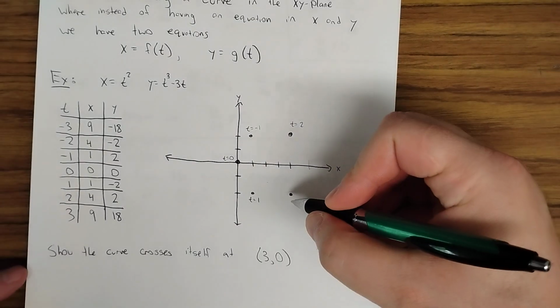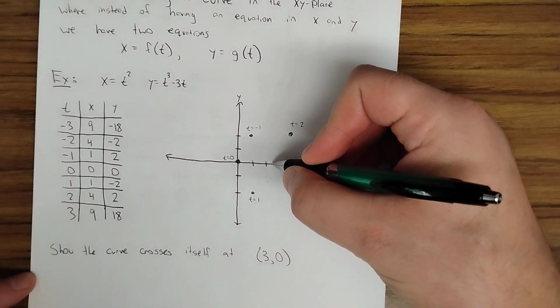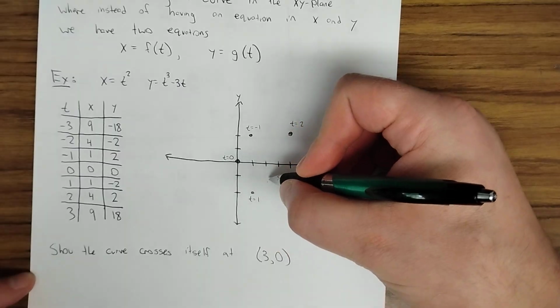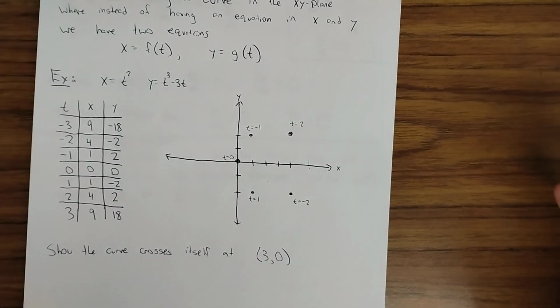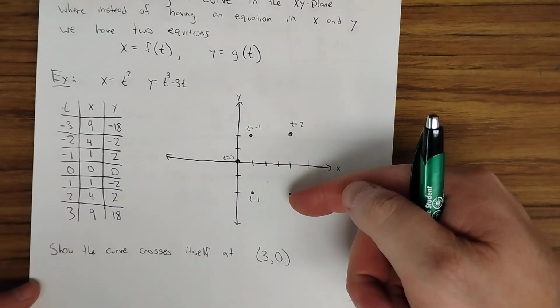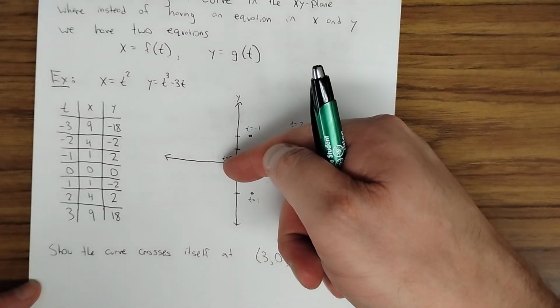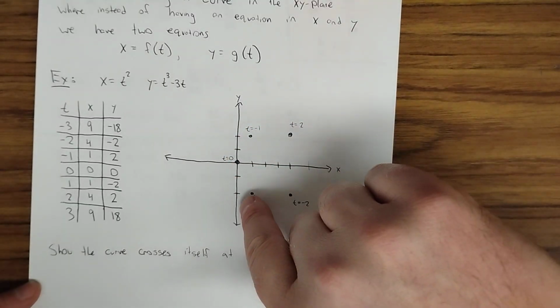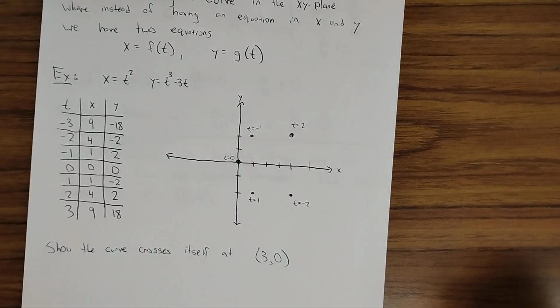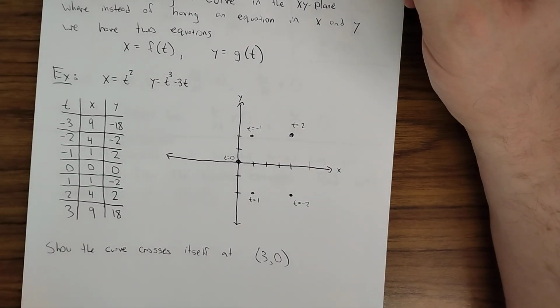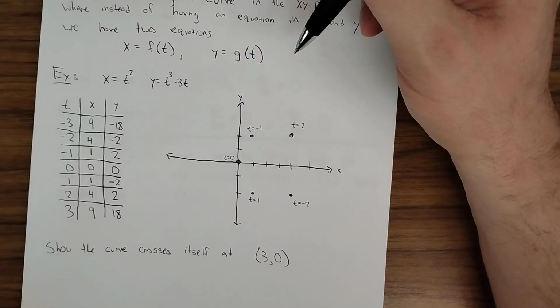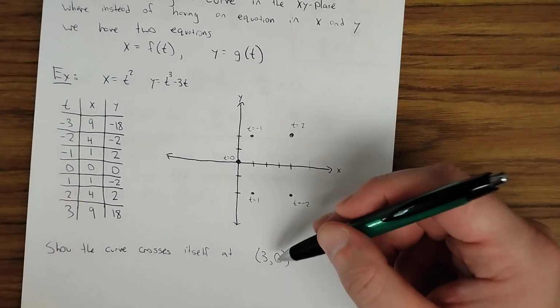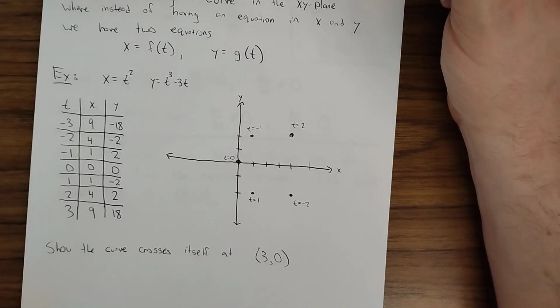In particular, assuming that it just sort of smoothly goes through these points in some order, it would seem that this curve must cross itself. Like it comes up like this, and then down, and then it's crossing through the same space. So one of the first things we're going to do is show that this curve does cross itself, and find the point where it does.